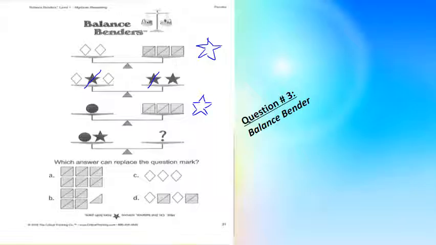So Tala, in the last balance, we cross a circle and we put 3 squares. In place of 1 star, we write 3 squares. So answer A is the correct answer. Okay, Joel?